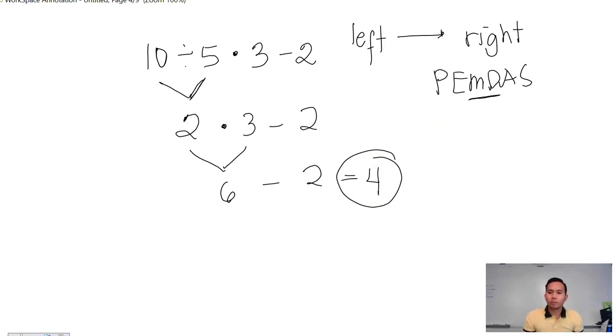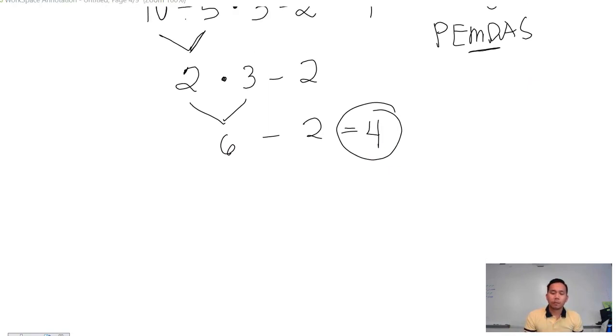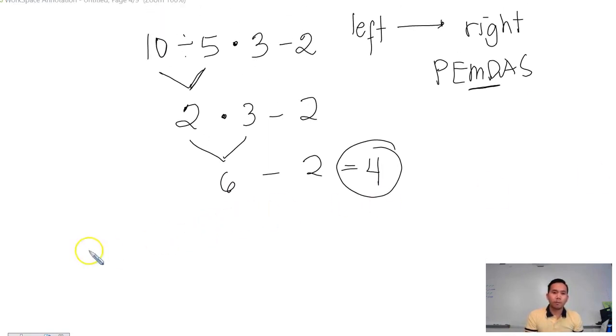However, if our problem looks like this, 2 minus 10 divided by 5 times 3, this is not subtraction, it's addition. So let us say we add that, still from left to right, applying PEMDAS. Because the 2 is added, we start with 10 divided by 5 times 3, because multiplication and division come first, and then addition and subtraction.